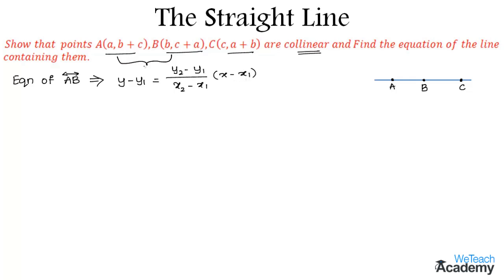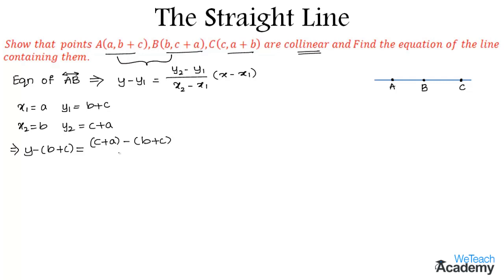By comparing, we get x1 equal to A and y1 equal to B plus C. Similarly, x2 is equal to B and y2 is equal to C plus A. Substituting these values in the formula, we get y minus y1, which is B plus C, equals y2, that is C plus A, minus y1, which is B plus C, divided by x2, which is B minus A, into x minus A.